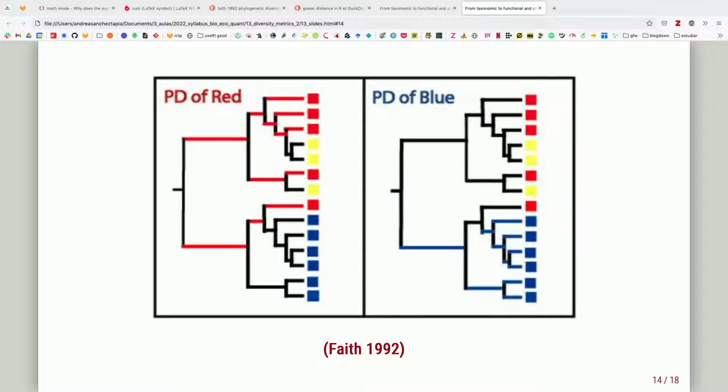So it was a way to give importance to the phylogenetic distinctiveness on top of the diversity, not only the richness.